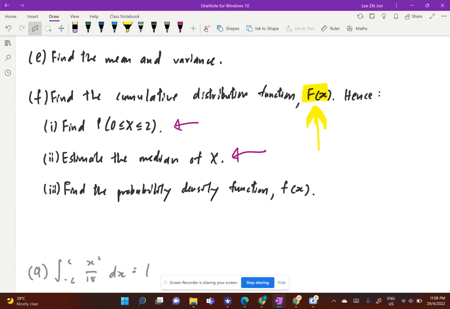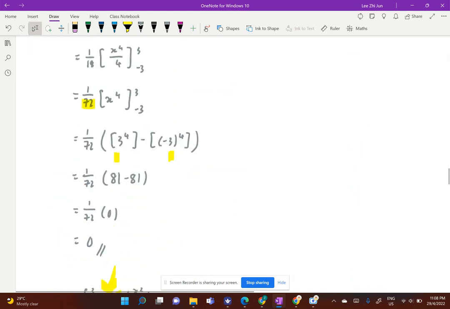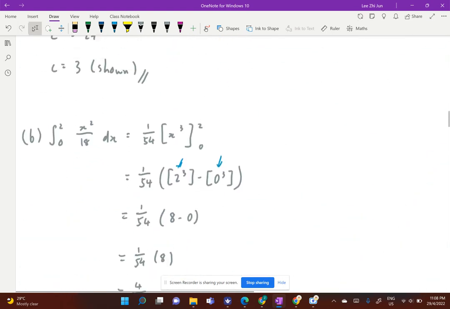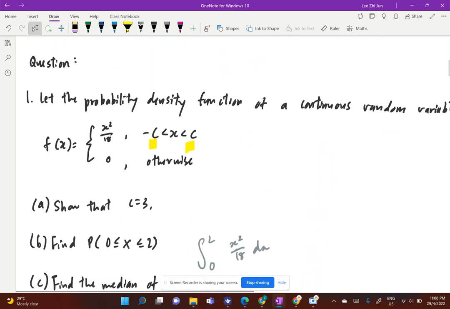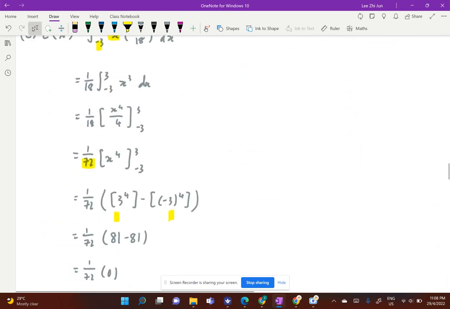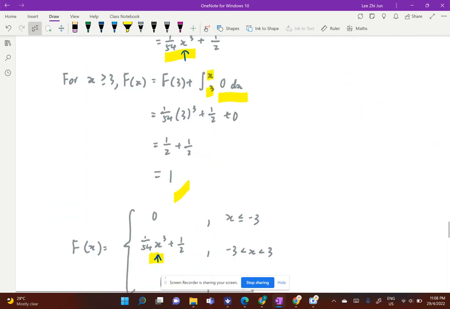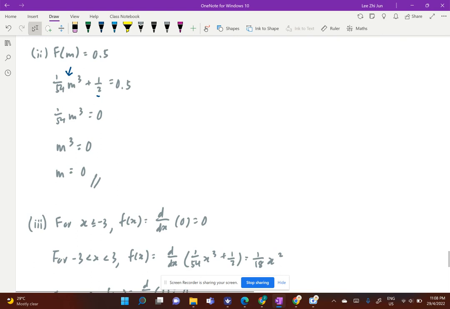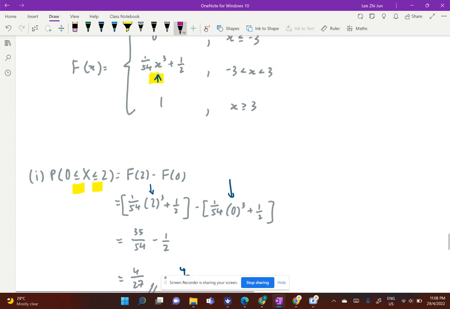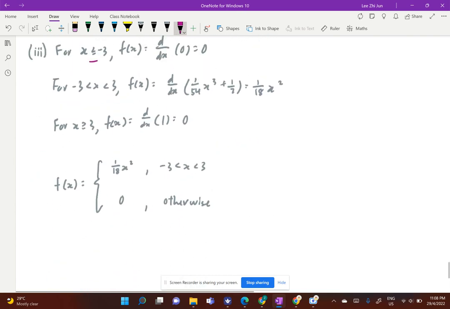And last, find the probability density function. So I need to convert it back to this. For this, I use the differentiation. So for x smaller than negative 3, I get 0, right? 0 cannot integrate, so will be 0.